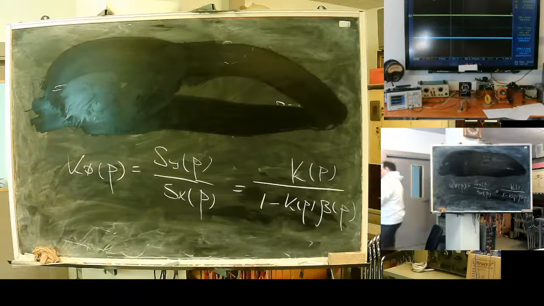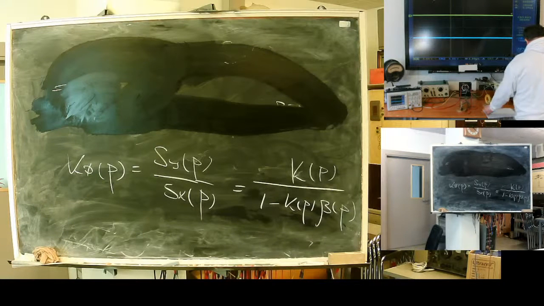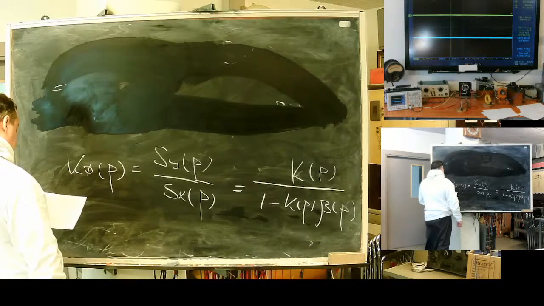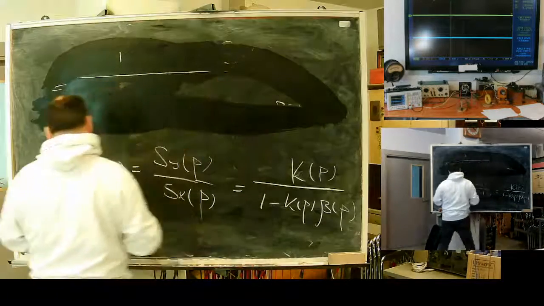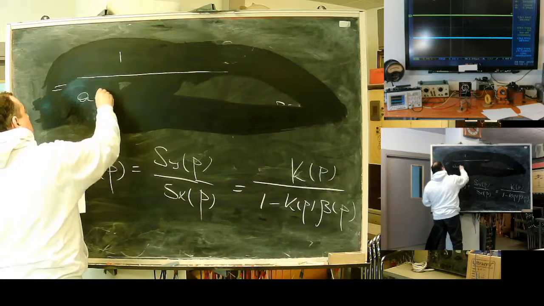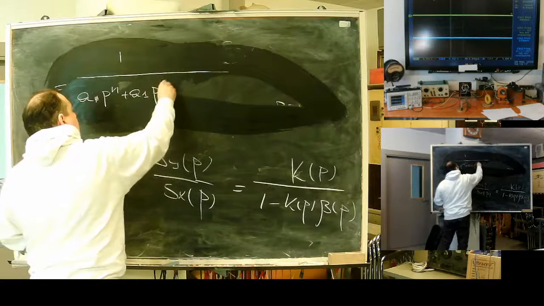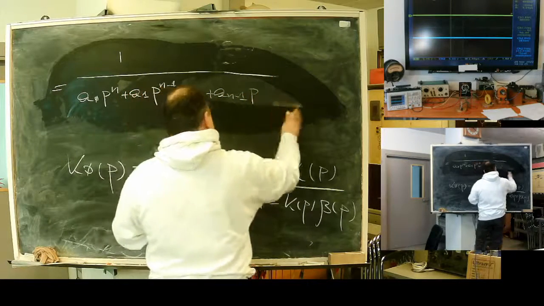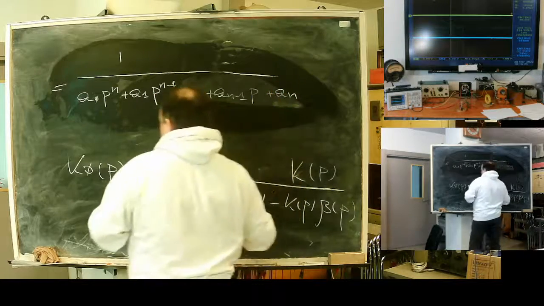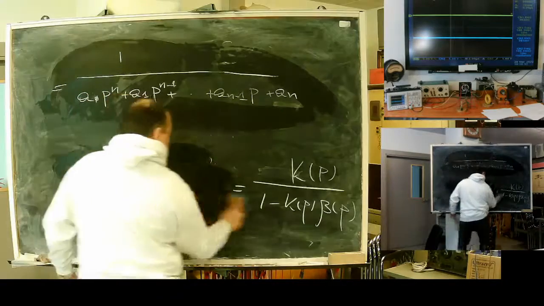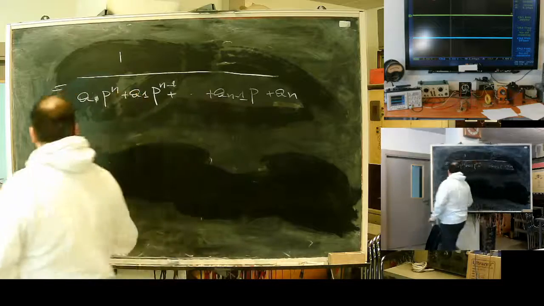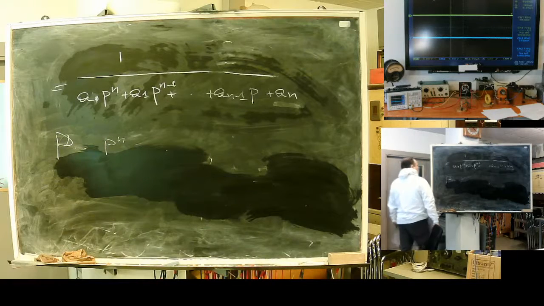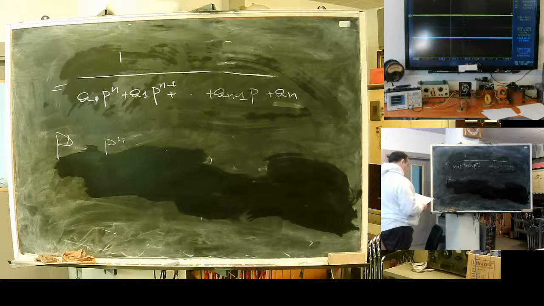Or one against A0, A1, plus, A N. Here are roots, all these are roots of the characteristic equation.